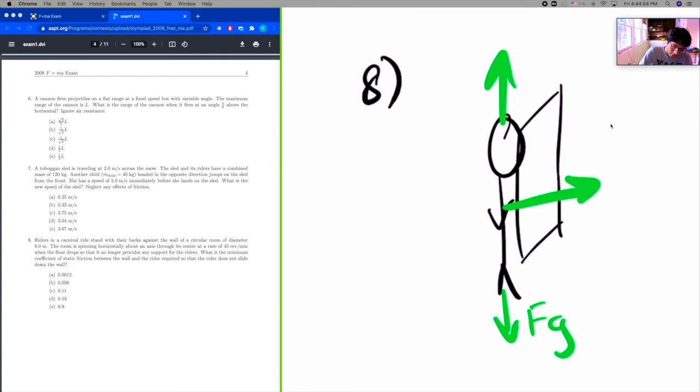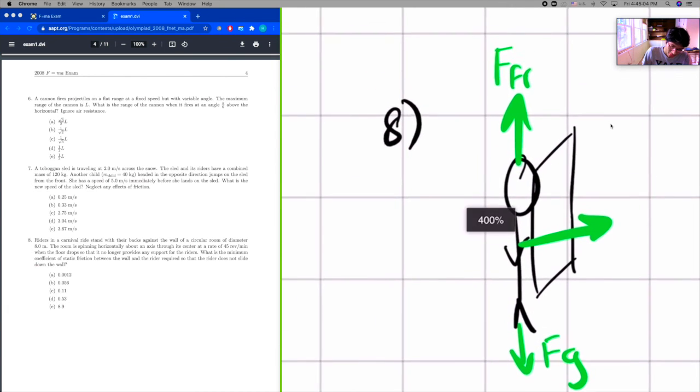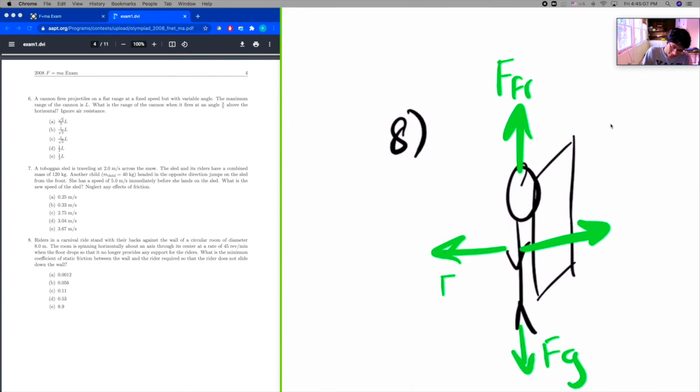There's also the normal force, which does not exist vertically, but it does exist horizontally in this case. This is the normal force. Now you might be thinking, hey Rifa, there's no other force here. But if that was true, this guy would go flying into the center, right?